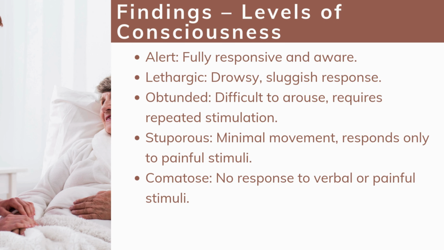Common levels of consciousness abnormalities include lethargic, sluggish, drowsy response to stimuli; obtunded, requires repeated stimulation to respond; stuporous, minimal movement, responds only to painful stimuli; comatose, no response to verbal or painful stimuli.